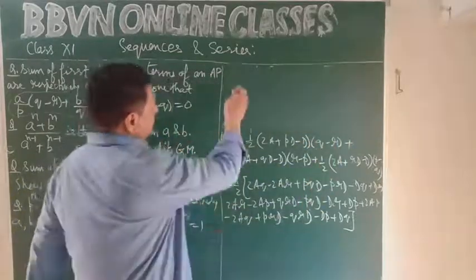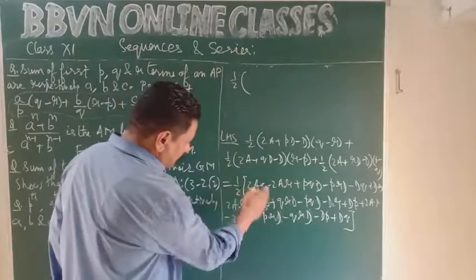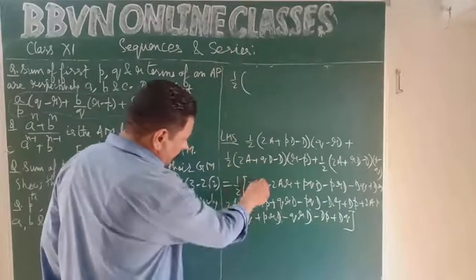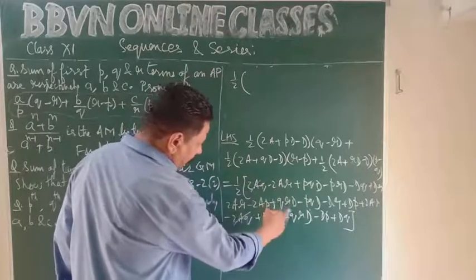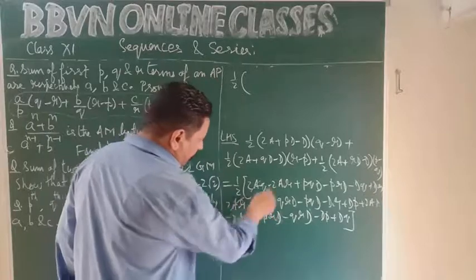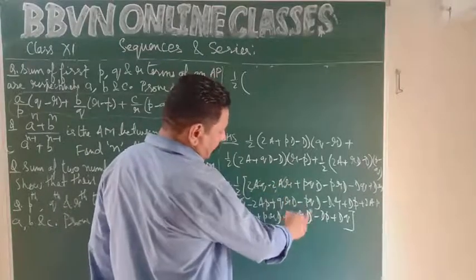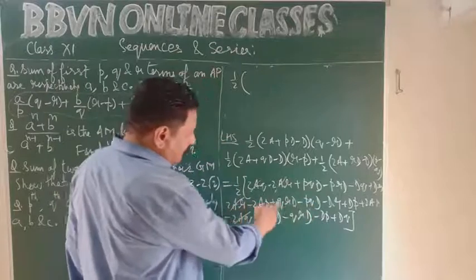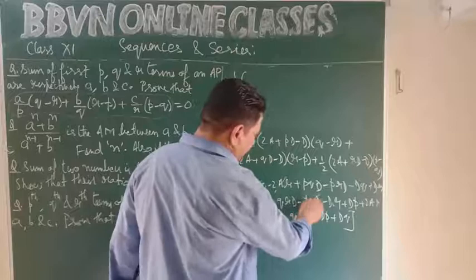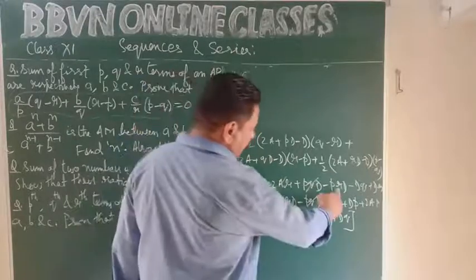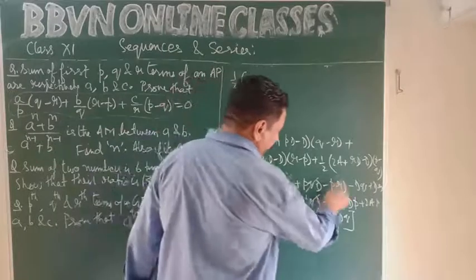Half is common. 2aQ and minus 2aQ cancel. Minus 2aR and plus 2aR cancel. PQD minus PQD cancel. Minus PRD plus PRD cancel.